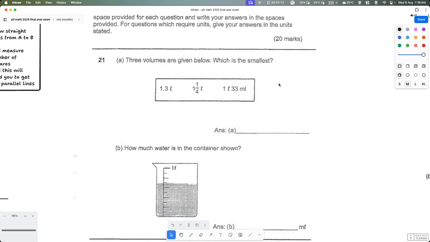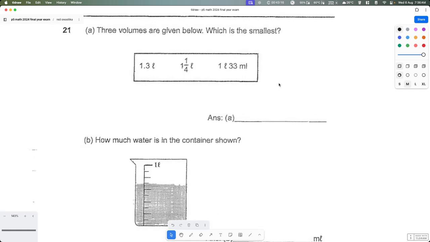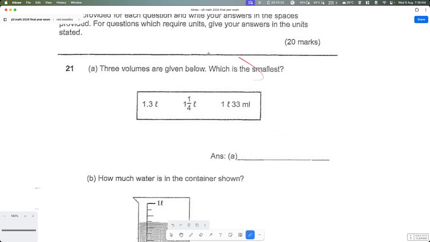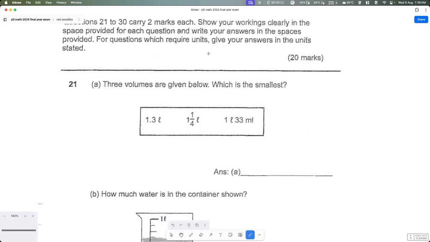Question number 21. Three volumes are given below, which is the smallest? What can we do? We have 1 liter 33 milliliters, 1.3 liters, and 1/4 liters.